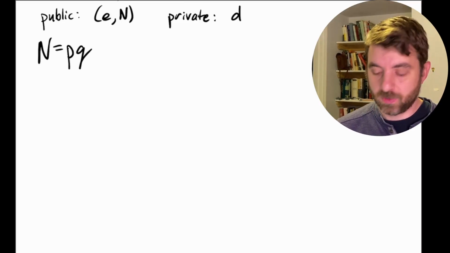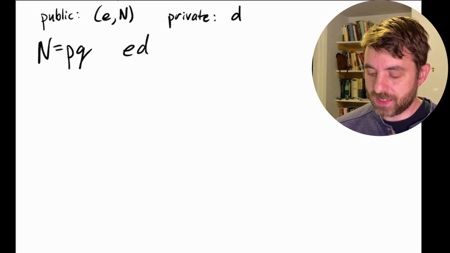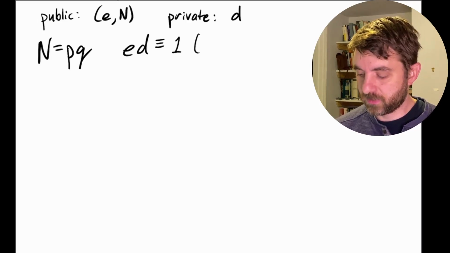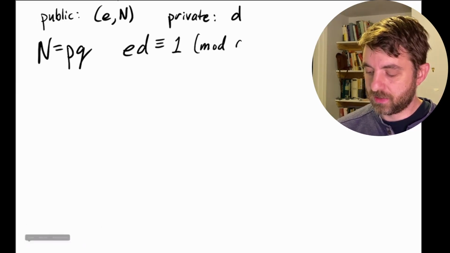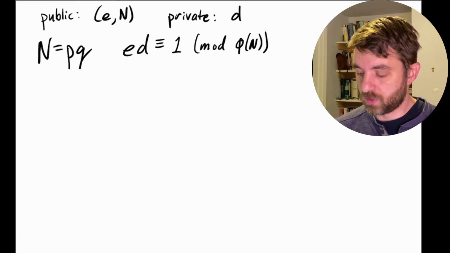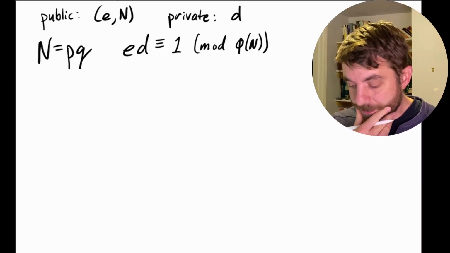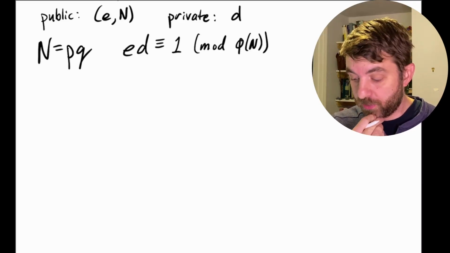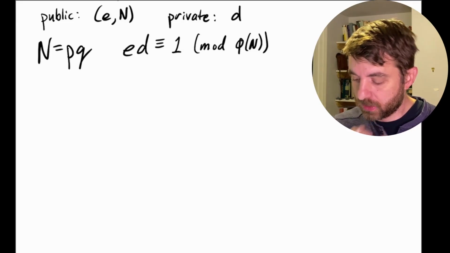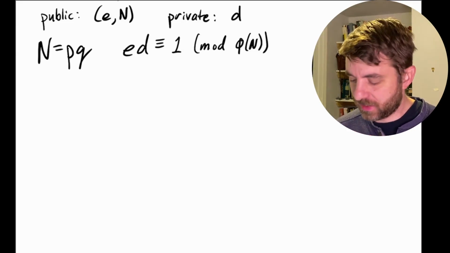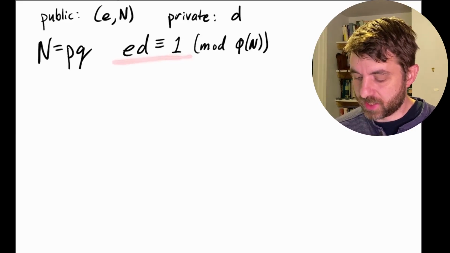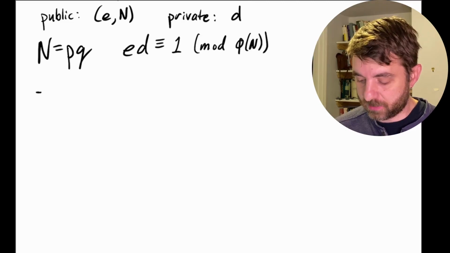The property we want is that e and d are inverses mod phi of n. So if we picked e, we know how to get d by the extended Euclid algorithm, and we know that this probably means that we can reduce an exponent. We can see exactly how that happens.